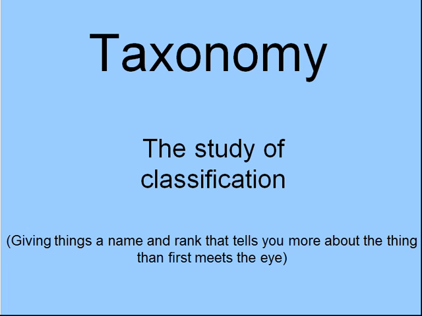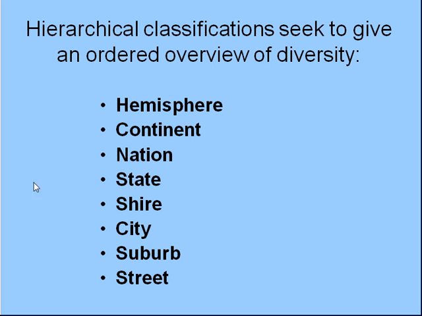Okay. So, in terms of diversity, we're trying to give it an ordered overview. So we can do not just biological organisms, but we can also classify all sorts of things.